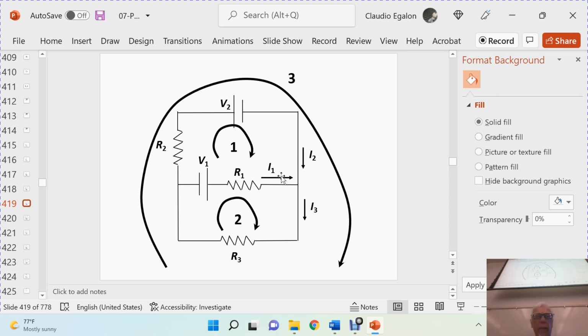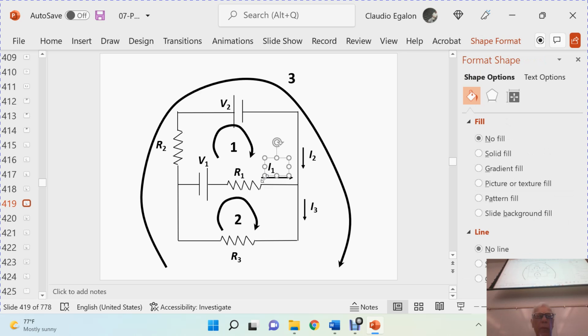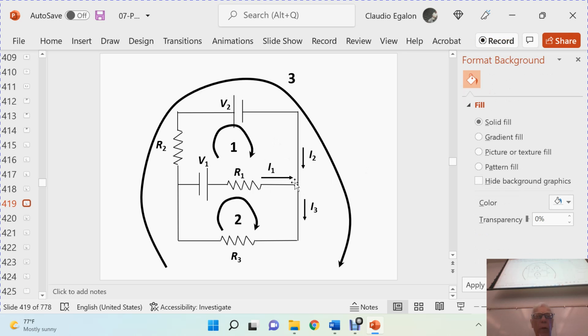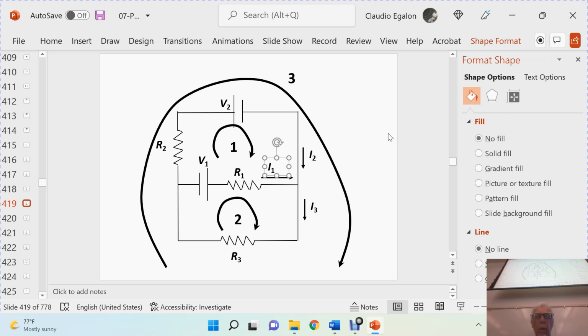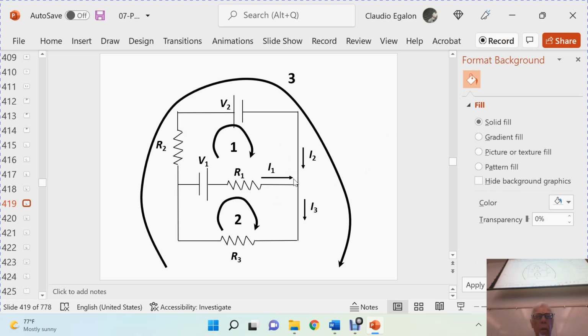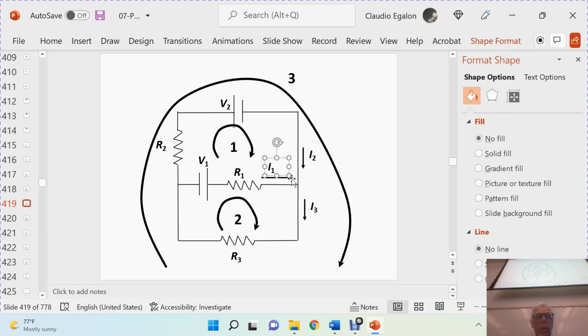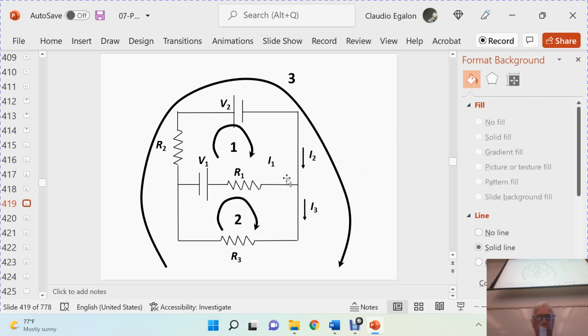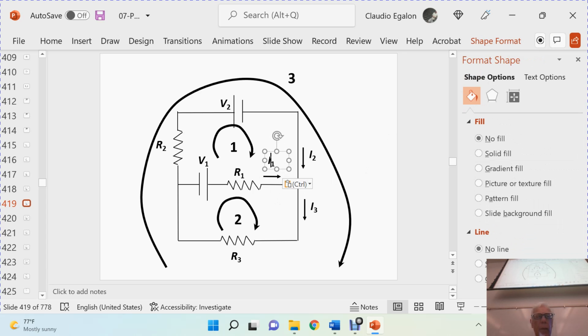You're going to see that there's no need for this type of circuit to set up the current in the other node. Here you go. Now we have it.